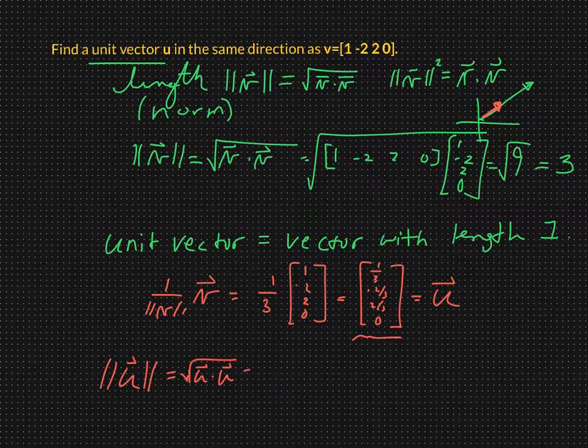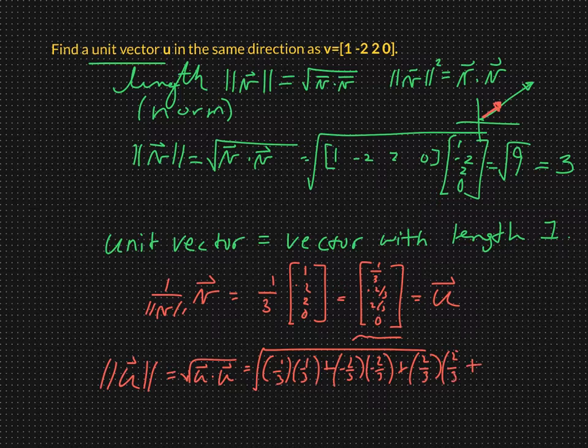So we've got now the square root of 1/3 times 1/3 plus -2/3 times -2/3 plus 2/3 times 2/3 plus 0 times 0.